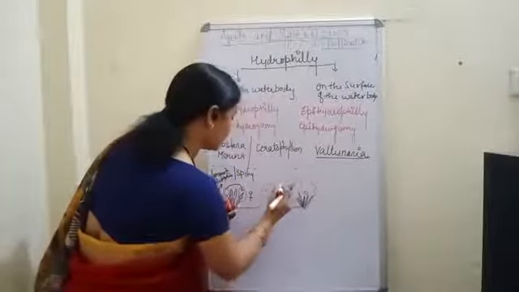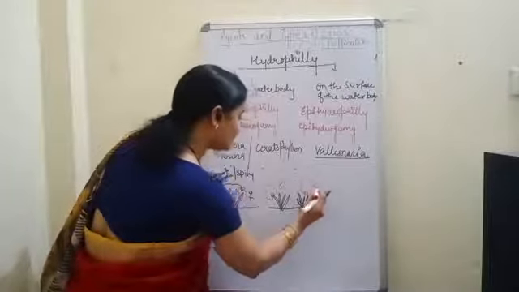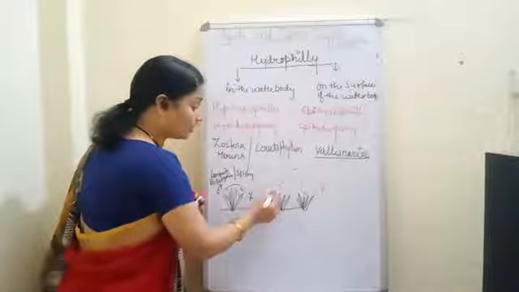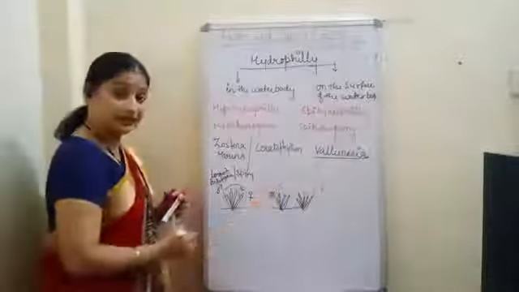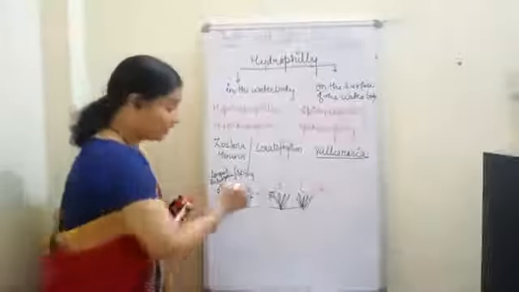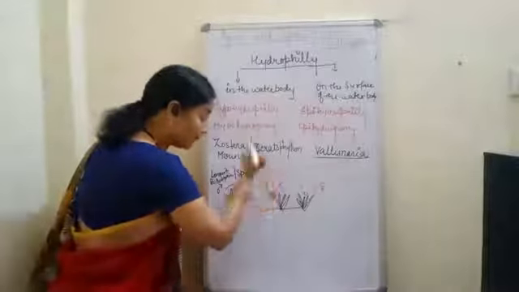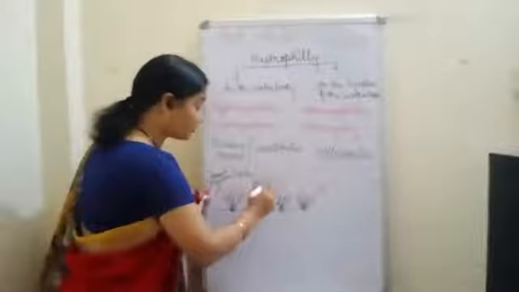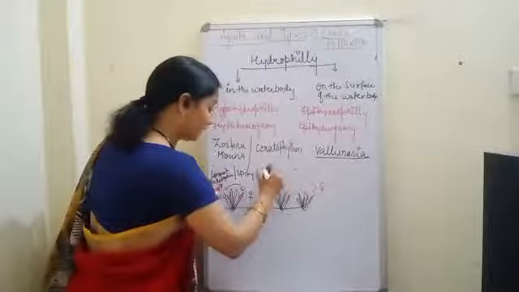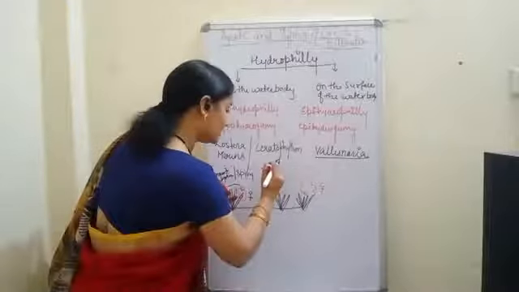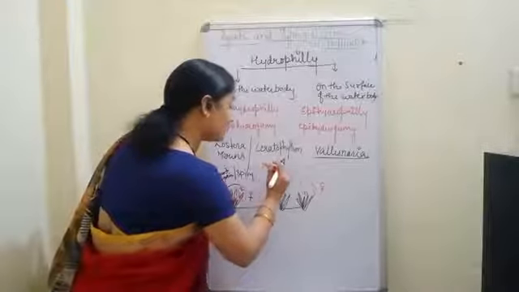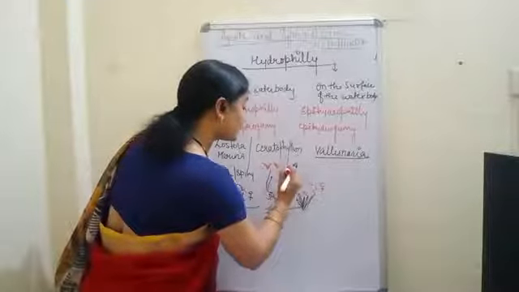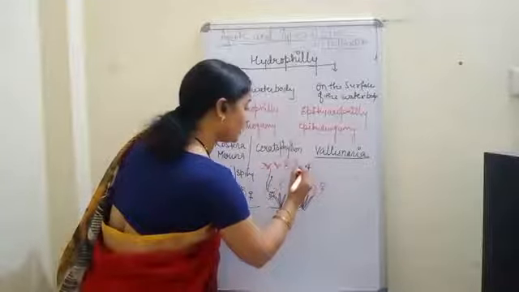Clear? This is male and this is female. Now they will liberate anther. Understood? Anther will move up because of its light weight. Now I am drawing this, and this anther will liberate the pollen grains. This is the pollen grain.